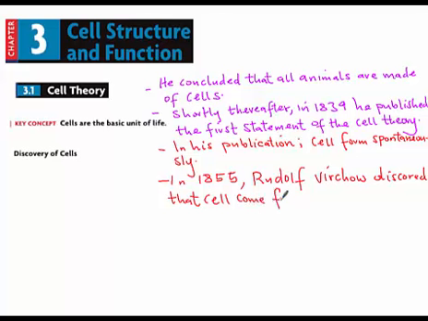He discovered that cells come from existing cells, and this of course crushed the first belief in Schwann's publication, where he was claiming that cells form spontaneously. So he crushed this theory as he came up with the real evidence. So we will stop there for now.